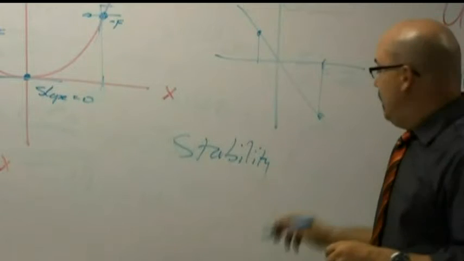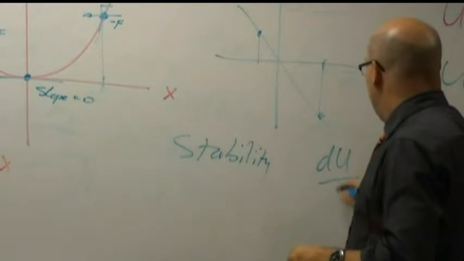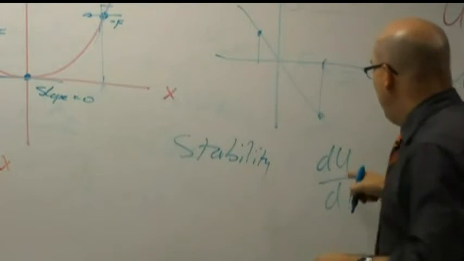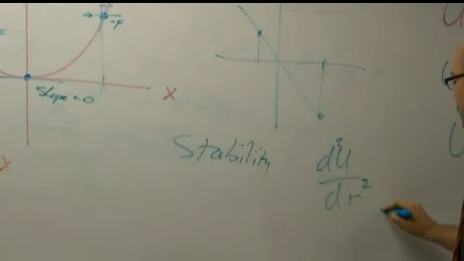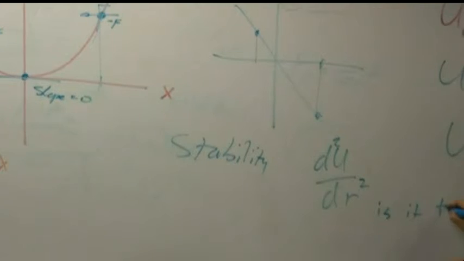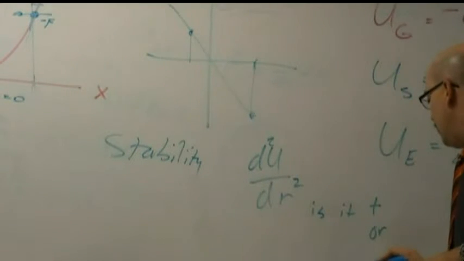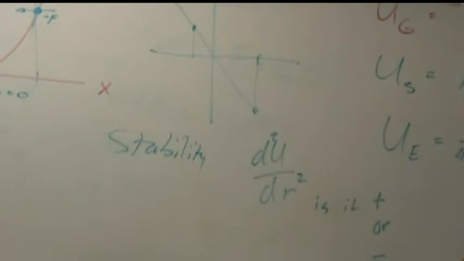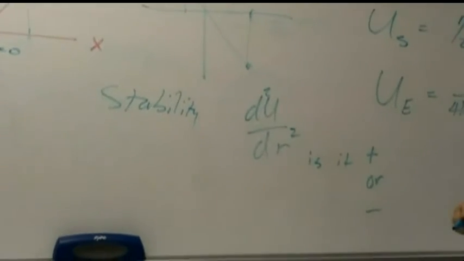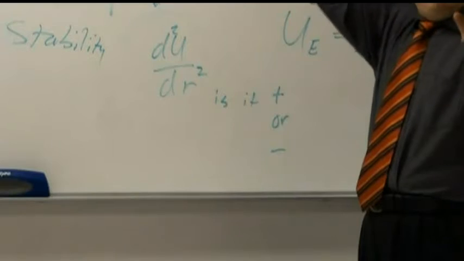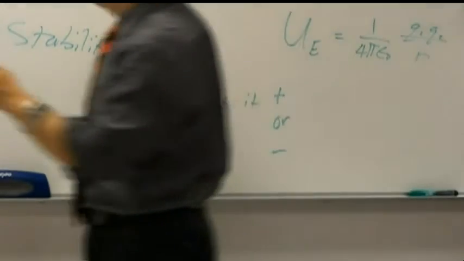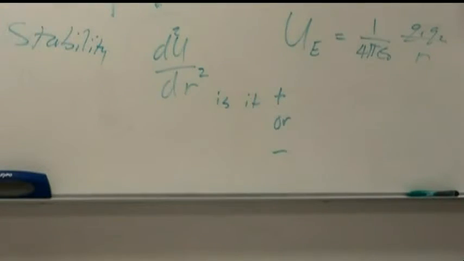To check for stability, you take the second derivative of your potential energy function and you check to see, is it positive or negative? Okay? If it's positive, now wait a minute, we're talking about concavity here. So first of all, where will we have equilibrium?